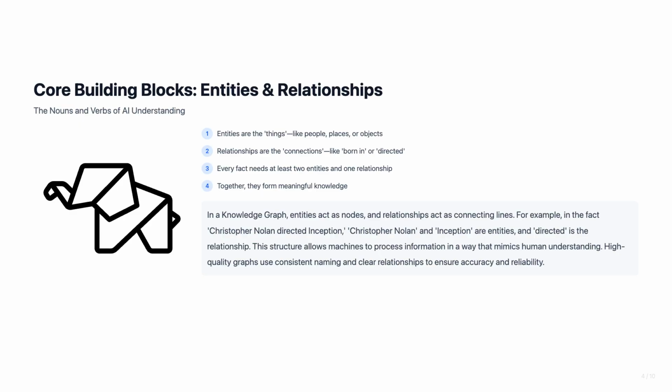The beauty of this system is that it scales. Once you have many such connections, the AI can start making inferences, like realizing that a drug used for one condition might help another related disease. So, entities and relationships are not just data, they're the very foundation of machine reasoning. Let's now see how these pairs are structured in a standard format.